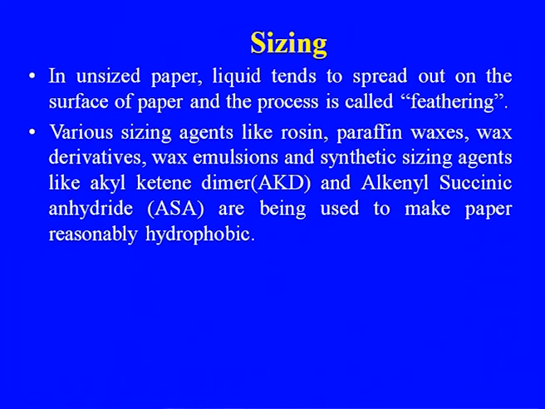That is what you call AKD sizing or ASA sizing. This is one of the new developments in sizing, to make the paper reasonably hydrophobic, which is the requirement for most grades of paper except tissue paper.